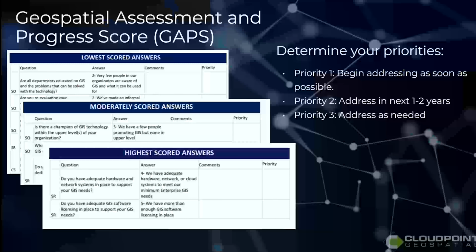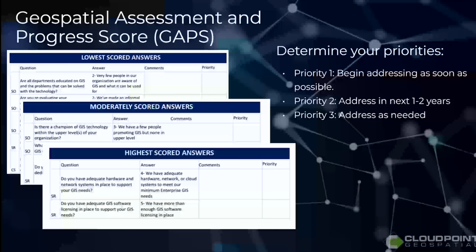So here you can see the next piece. After we get those scores, the next step is we group all of those answers into low, medium, and high scores. So then you can see we'll start to work through and add some comments. We'll start to assign priorities. And then this eventually is going to be that driver that's going to move your geospatial program forward.